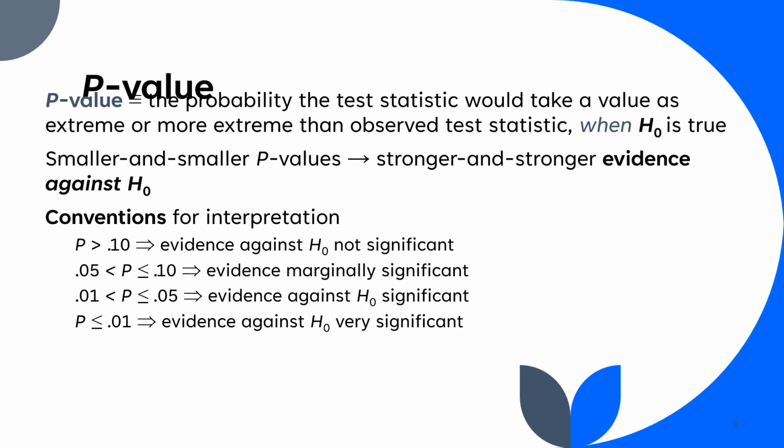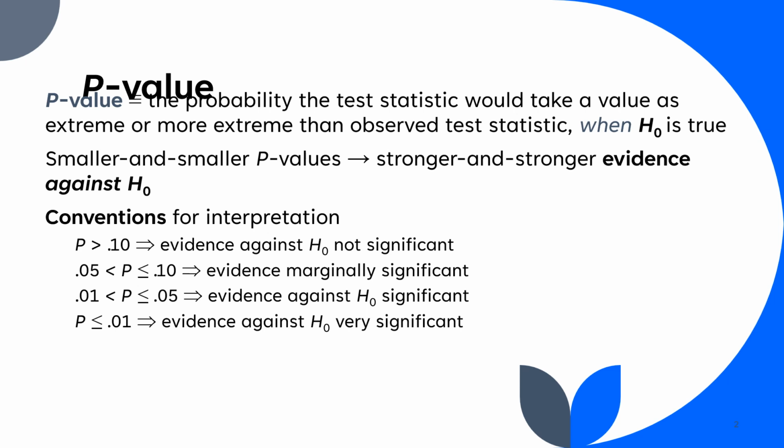Conventions for interpretation: if p is greater than 0.1, the evidence against the null hypothesis is not significant. If p is greater than 0.05 and less than or equal to 0.1, the evidence is marginally significant.